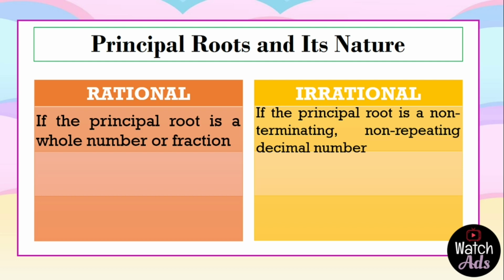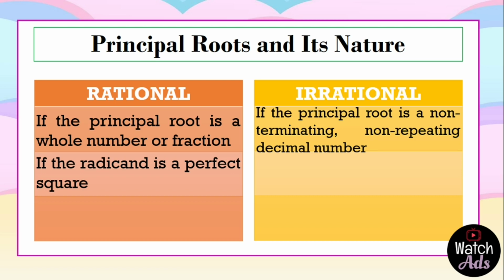Remember, in the square root of 36, the principal root is 6. Now the square root of 36, of course, is rational. Another thing to identify that the radical is a rational number is if the radicand is a perfect square. The radicand is the number inside the radical sign.